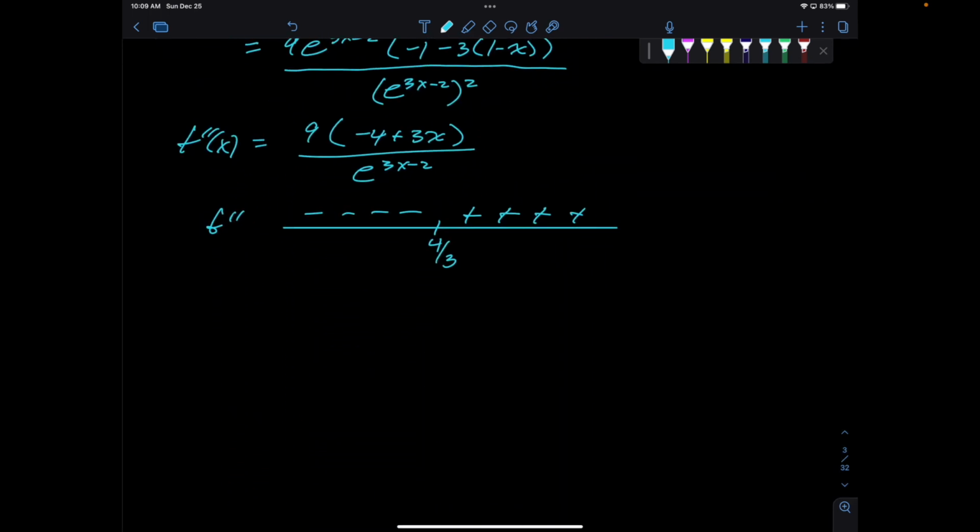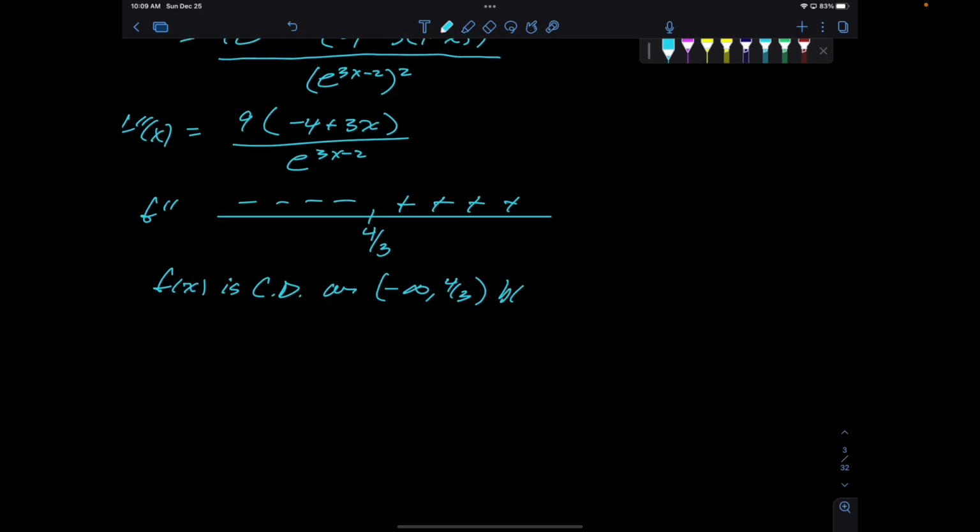All right, so we will say f of x is concave down on negative infinity to 4/3. I'm gonna do open interval, and then we'll say because f double prime less than 0 there.